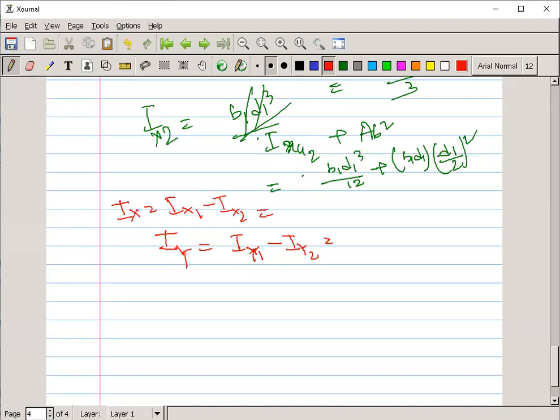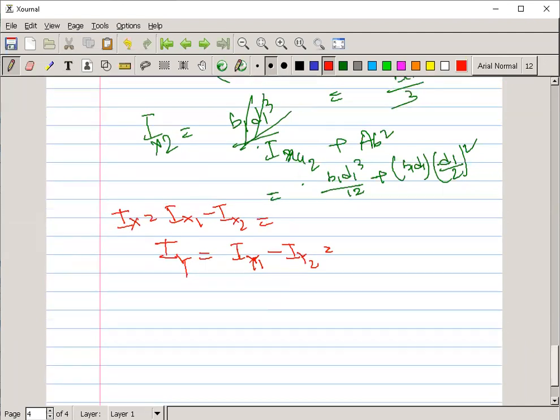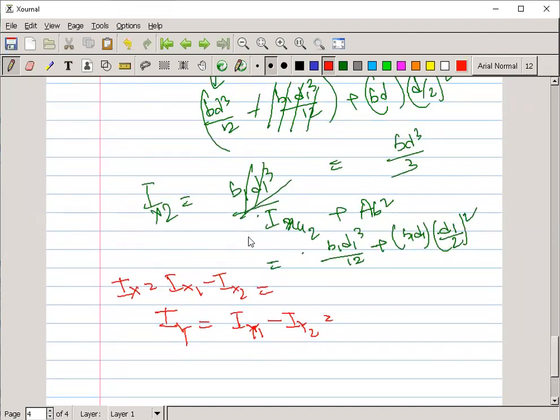So it will be bd cube by 3 minus b1 d1 cube by 12 minus b1 d1 into the distance squared.